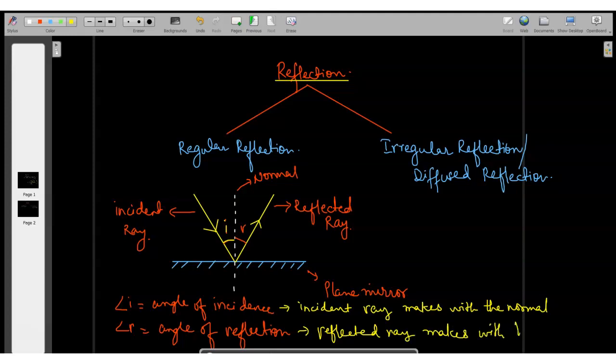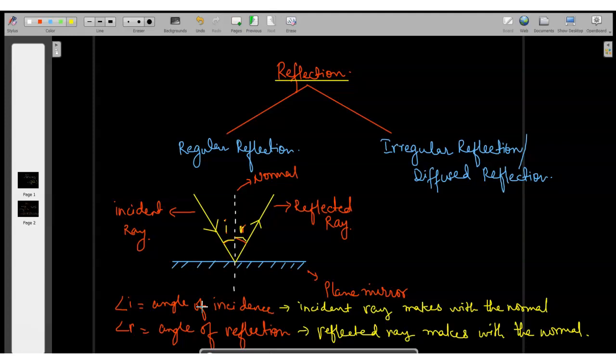Remember these 2 points. So this is my reflected ray, and the angle which this reflected ray makes with the normal is this angle R. This is not the angle of reflection. This is not the angle of incidence. Angle of incidence will always be between the incident ray and the normal. Angle of reflection will always be between the reflected ray and the normal.